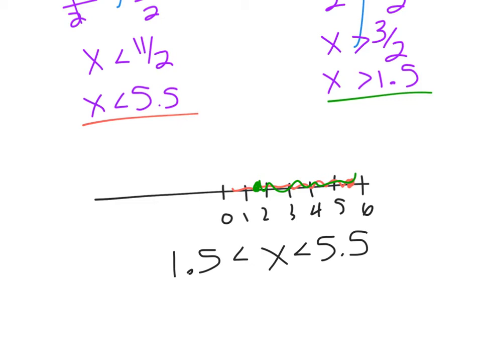But if this is a fraction, you can leave it as a fraction or you can write it as a decimal, whichever way. I always turn them into decimals for inequalities because it's hard for me to think about where is 11 over 2 on a number line. I'm not really sure, so I need to use decimals, but that's personal preference. You don't have to do that.